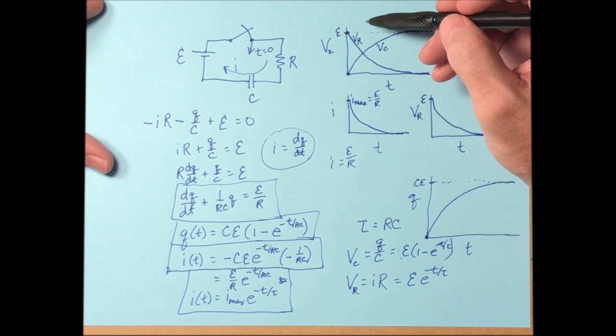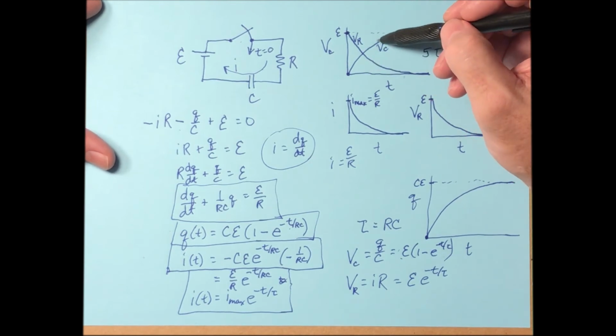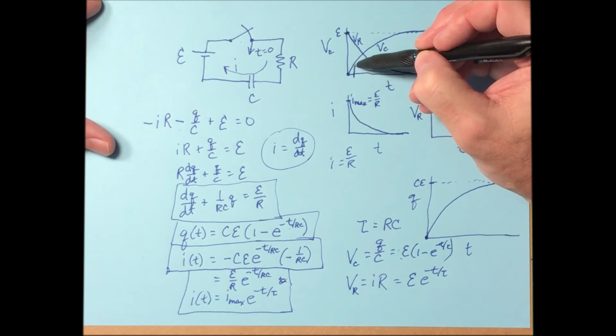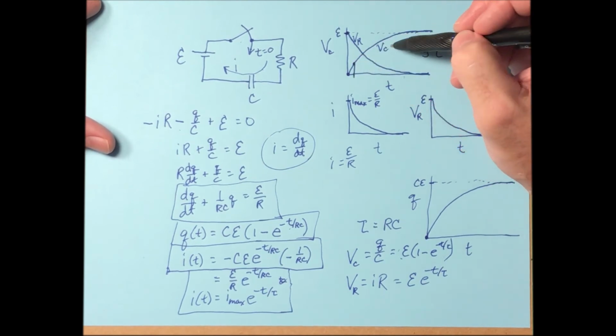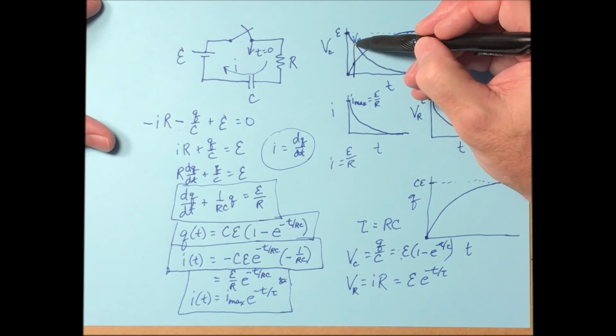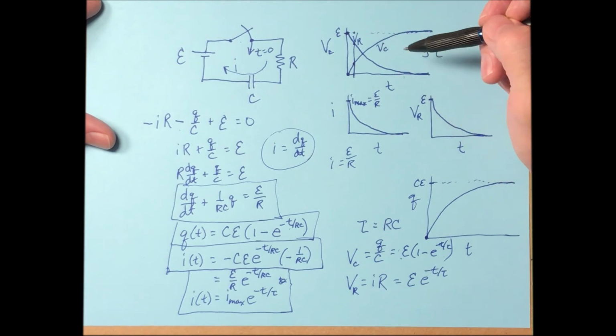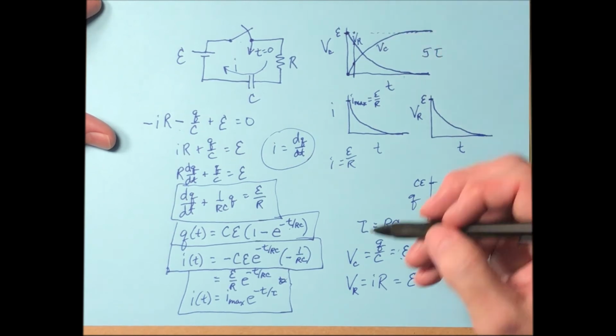By the way, it may not be too obvious from my drawing here, but if you were to take any specific time, add up that value of V sub C and this value of V sub R, add them together, and it would be the maximum value. Now, how does that work?